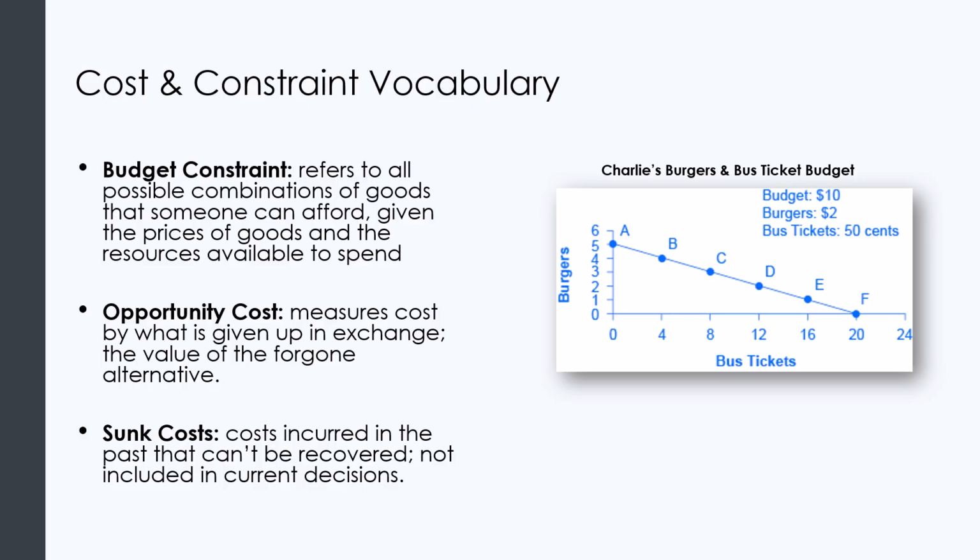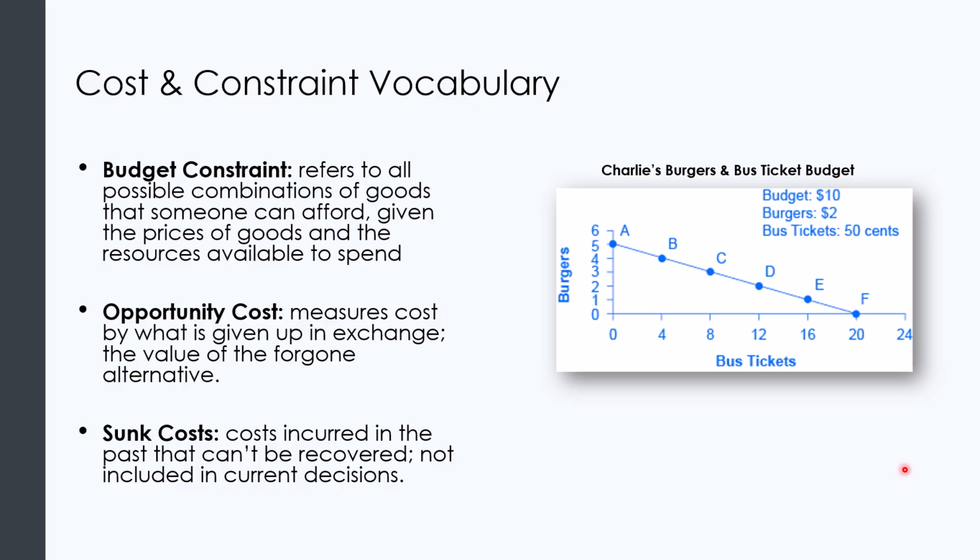So we're going to talk about a constrained budget when our money is limited. Now this serves at both macro and micro levels. A budget constraint, or a budget constraint line, if we're talking about the graph that we see here, represents all of the combinations of goods that somebody can afford given the prices of those goods and the resources that they have to spend.